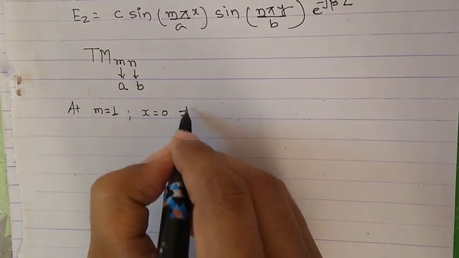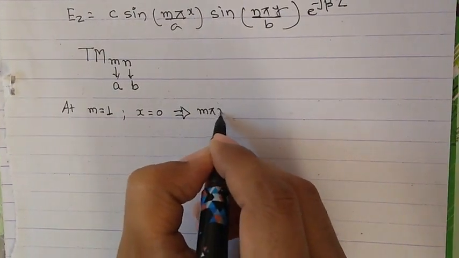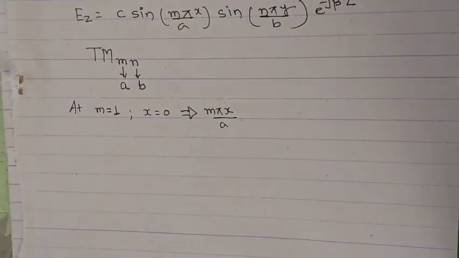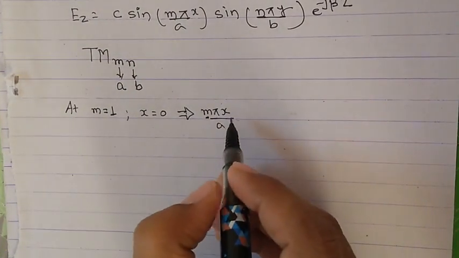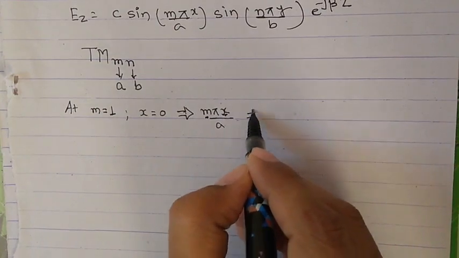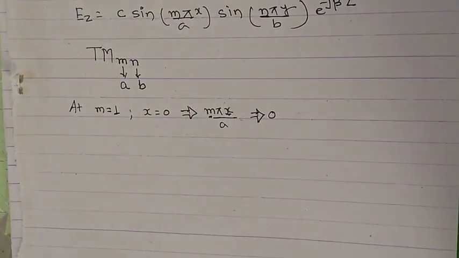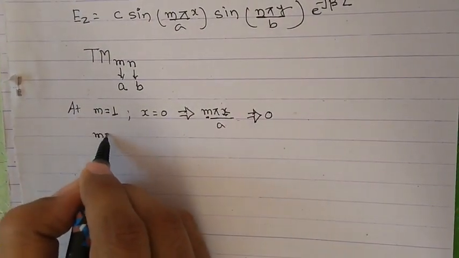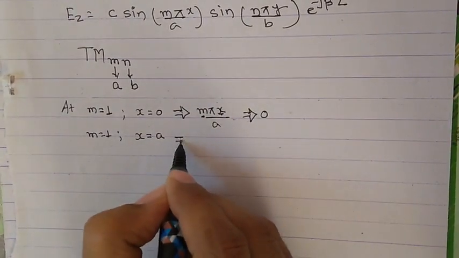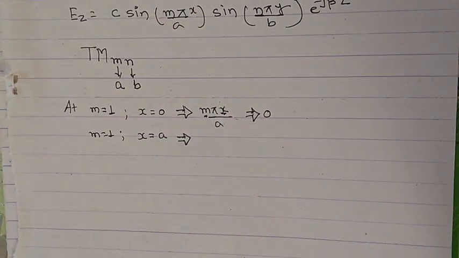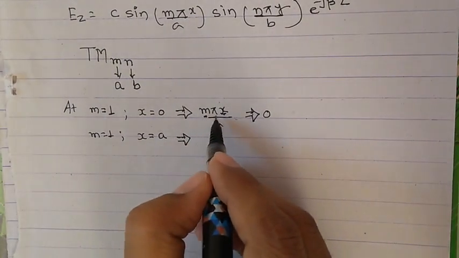What will be the value of this term m pi x by a? So m equal to 1 and x equal to 0, so this will become 0. At m equal to 1 and x equal to a, this will be pi.